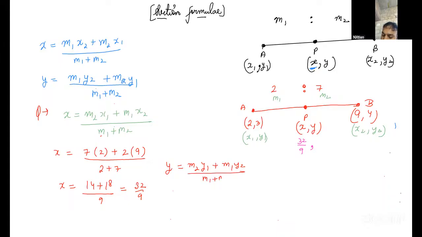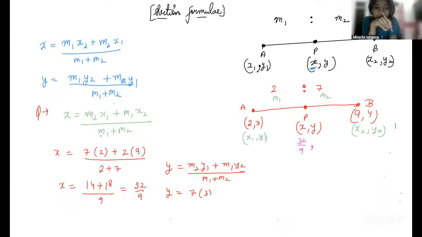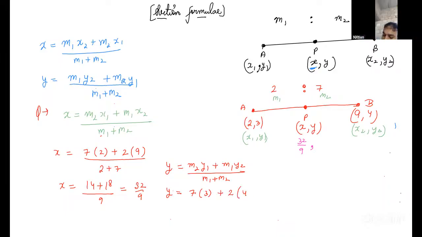So I put the values into this: M2 is 7, which will multiply with 3, plus 2 multiplied with 4, upon 2 plus 7. So Y is equal to 21 plus 8 upon 9, which will become 29 by 9. So this is 29 by 9.